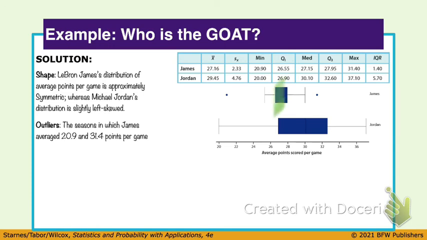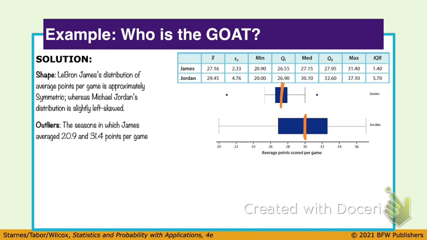It's a little hard to see on the screen with that color. So there's LeBron James's median. There's Michael Jordan's median. What do you guys notice about that? How would you compare those? Easy, right? Michael Jordan's median is greater than LeBron James.